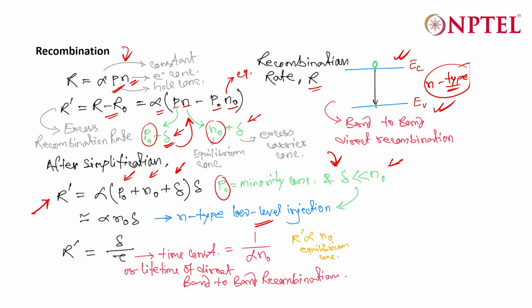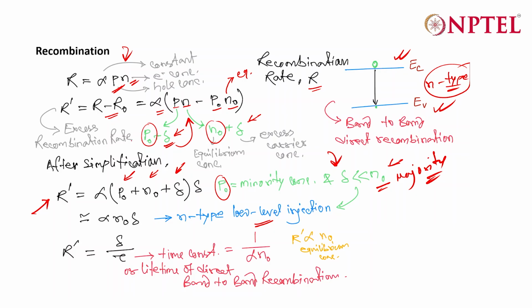In case of low level, we already have seen that the equilibrium concentration is very high compared to the excess carrier concentration, and N0 is majority carrier. So obviously the majority is much higher, and excess carrier concentration doesn't affect the majority carrier concentration in case of low injection levels. That is what we already have seen.